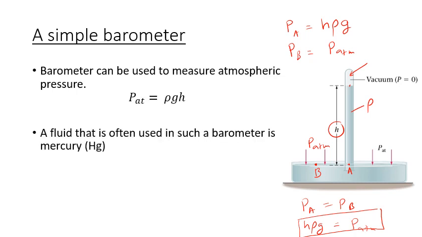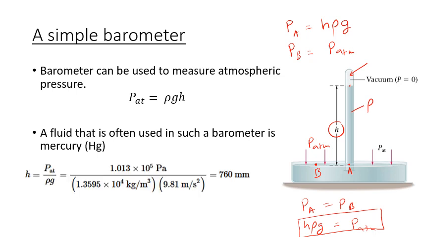Mercury is one of the high density liquids, and if you use mercury, it will usually settle around a 76 centimeter liquid column. The height h of the liquid column at atmospheric pressure equals 76 centimeters, or 0.76 meters, or in general we report that number in millimeters.